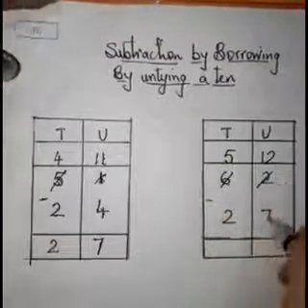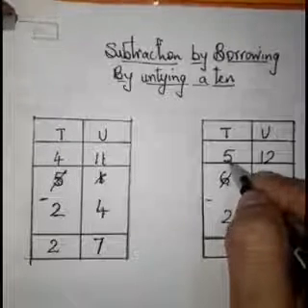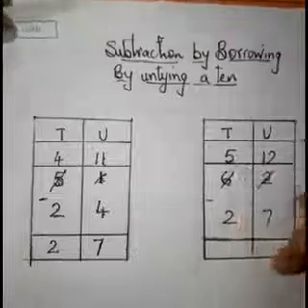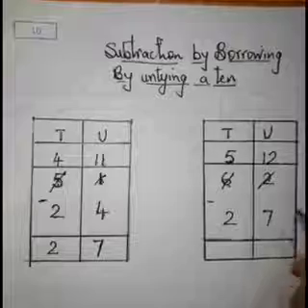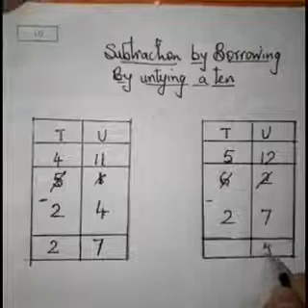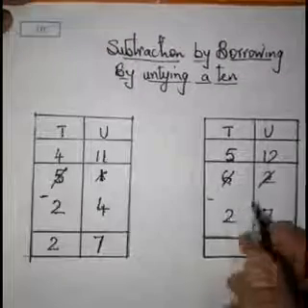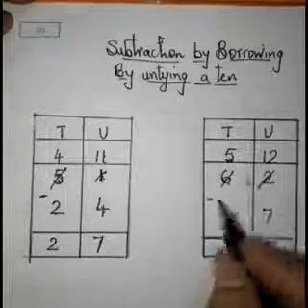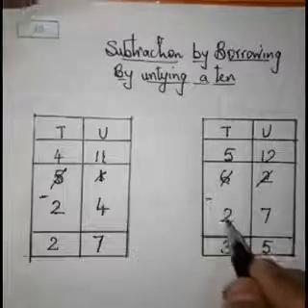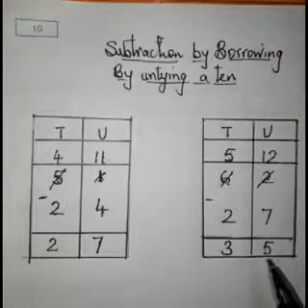Before calculating this side, you have to change over here also. Do the changes here, otherwise you will forget. So 12 minus 7 will be 5. And 5 minus 2 will be 3. So 62 minus 27 becomes 35.